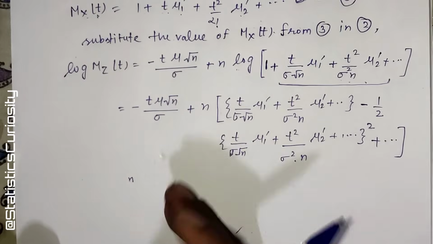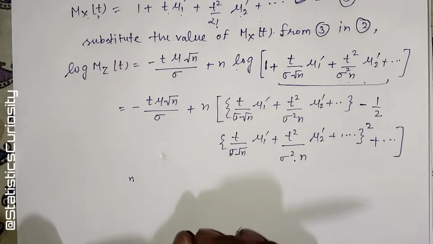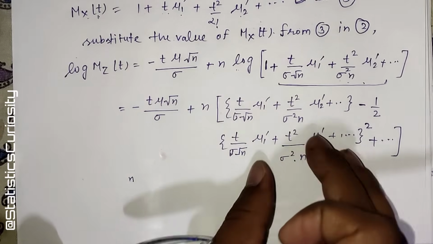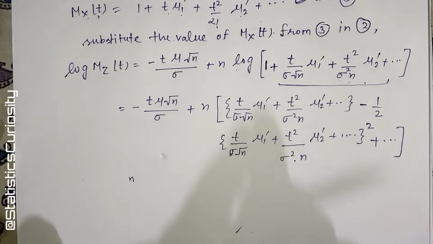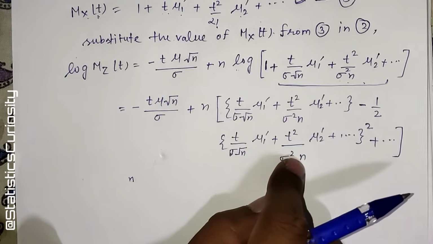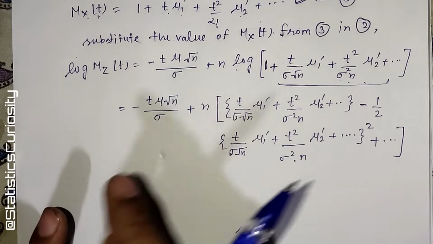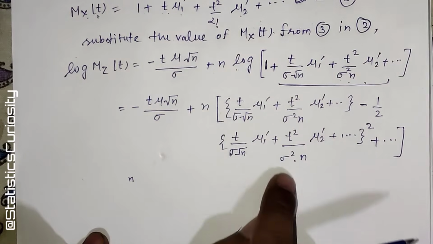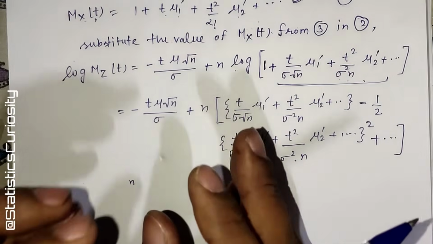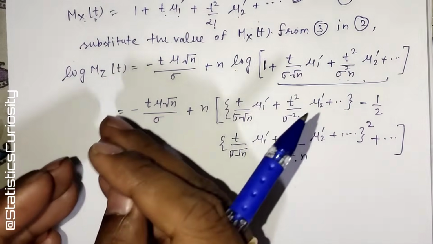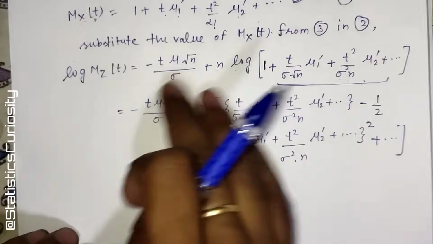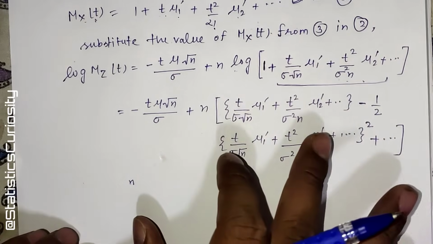Now, since we can extend this using many terms, we will only write those terms that will not have n or any power of n in the denominator. As we know, we have to take the limit n tends to infinity because the central limit theorem is a limiting property.